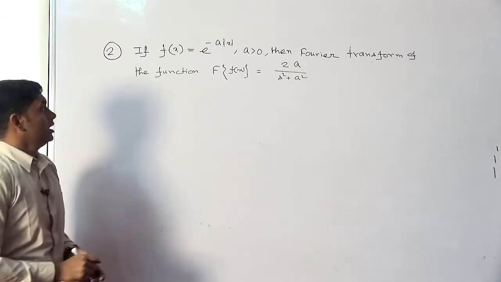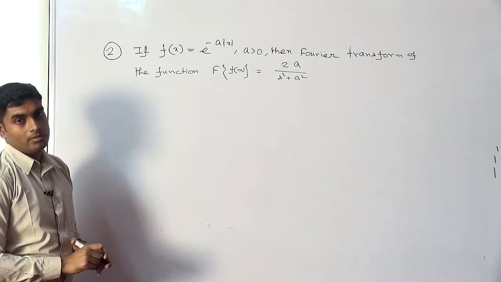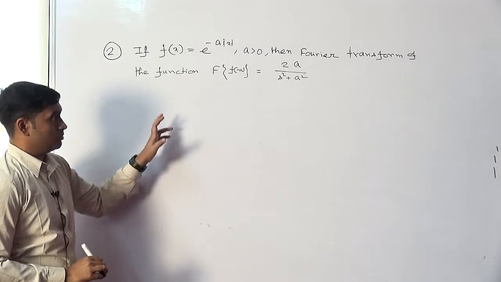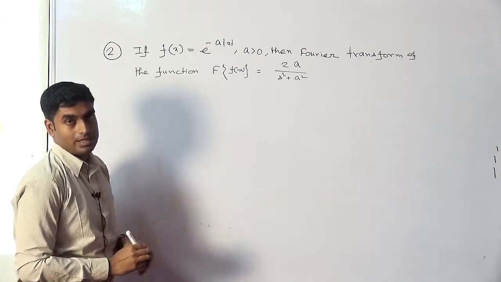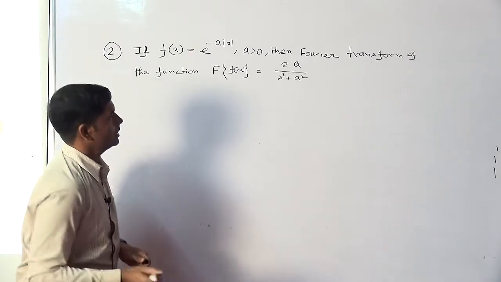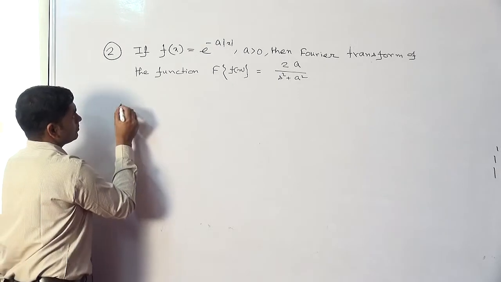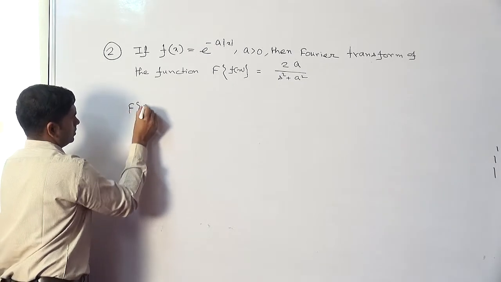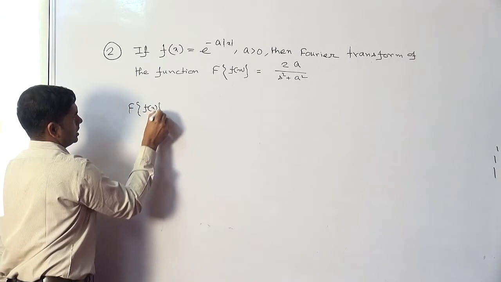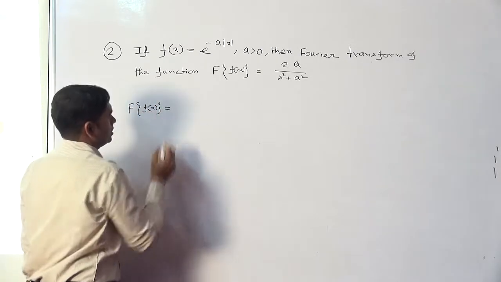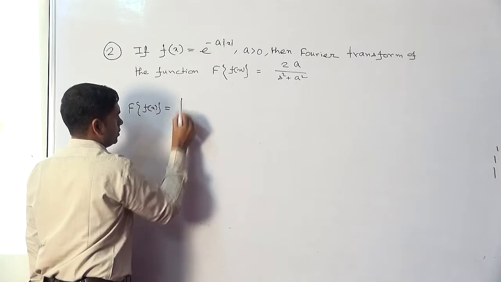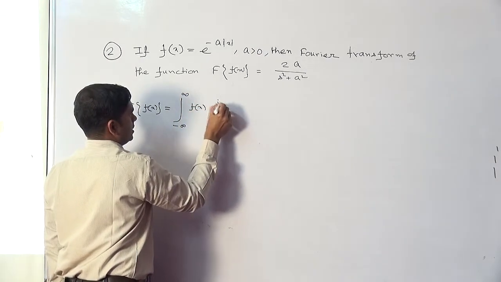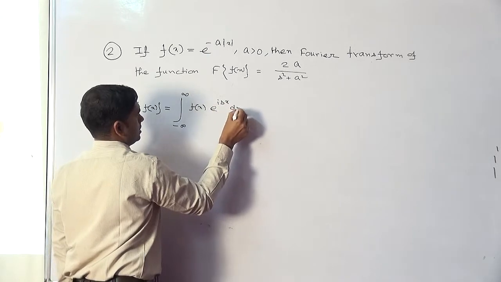So here the function is given as e to the power minus a mod x. Now we will show that the Fourier transform for this function is 2a by a squared plus s squared. So let's start. Then F of s is the integration from minus infinity to infinity of f(x) e to the power isx dx.